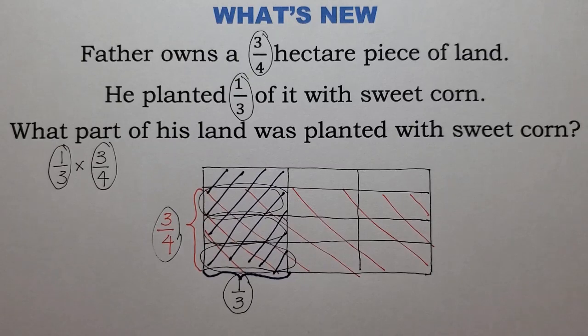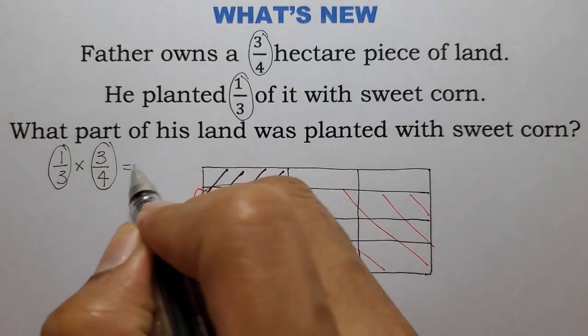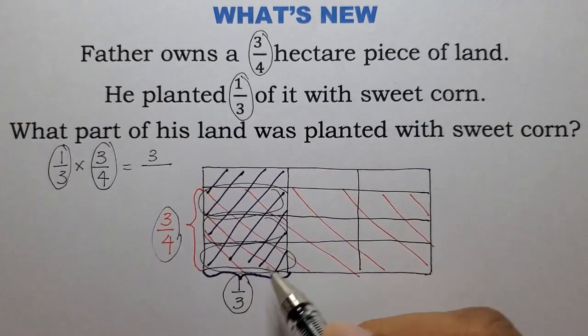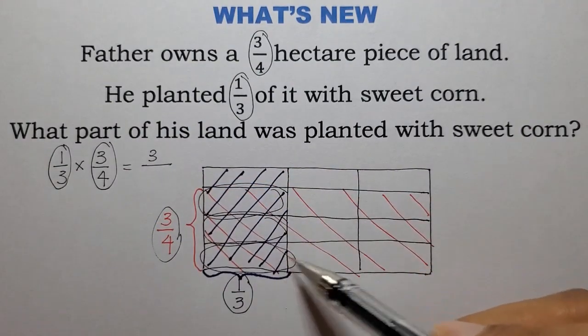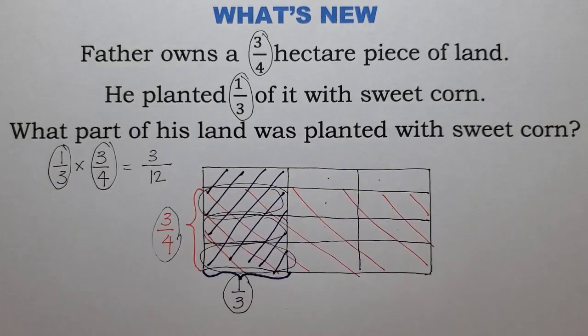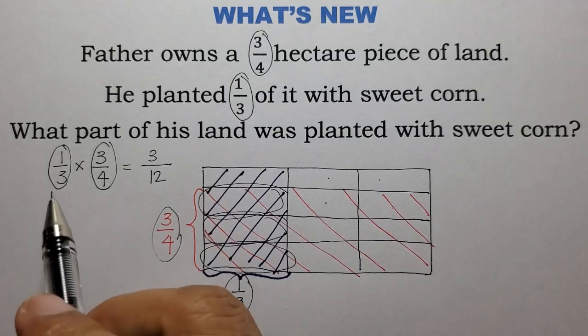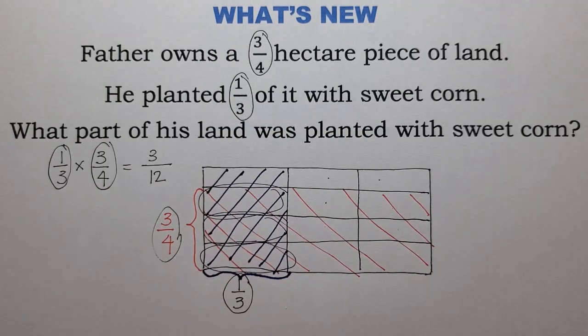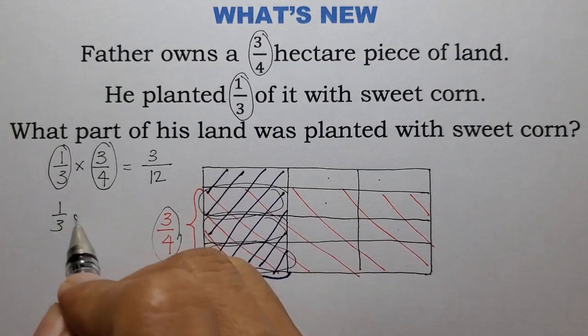Therefore, when you are getting 1/3 of 3/4, what you will get here is 3 equal parts out of 1, 2, 3, 4, 5, 6, 7, 8, 9, 10, 11, 12. 12 equal parts after we already divided this region into 3 equal parts and 4 equal parts, of that 1/3 and of that 3/4.